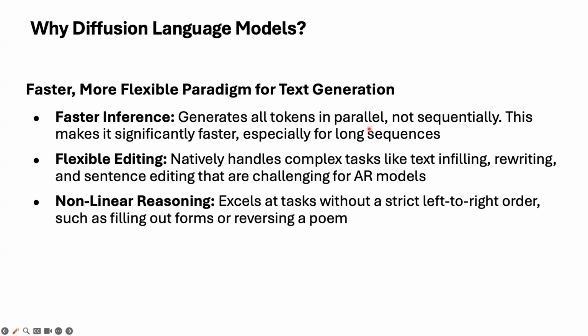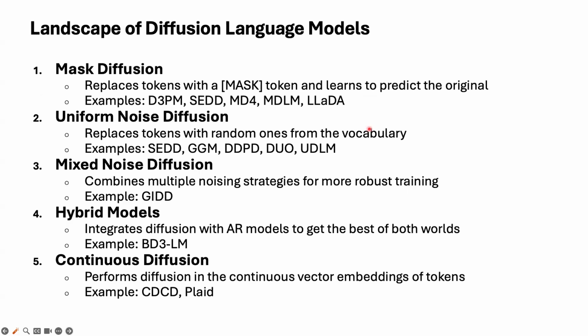The third, which I'll talk about in somewhat more detail later, is nonlinear reasoning. Because you're not sticking to a left to right order, you could potentially have planning. You could say that I want to get to these kinds of landmarks, figure out those landmarks somewhere downstream, and then diffuse to make sure that happens. So again, there are advantages of reasoning with diffusion language models.